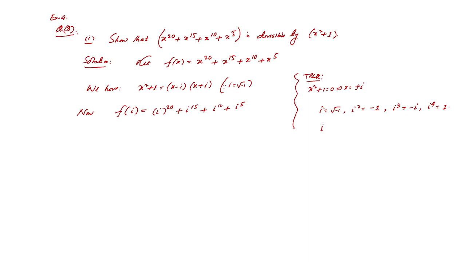And you can say i to the power 4k is 1 for all k belonging to natural numbers.